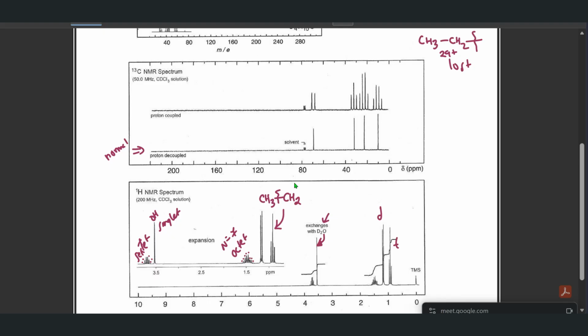Okay. And then, where is this CH2? I was going to say that it's this doublet right here next to the triplet. It cannot be a doublet if the triplet is there, because it's at least a quartet. This right now is a quartet, but we know there's something else. Yeah.